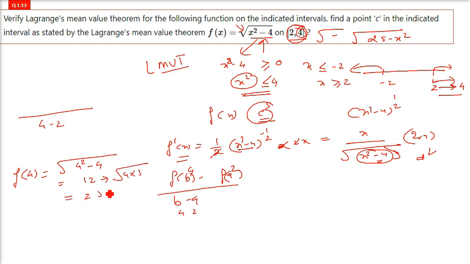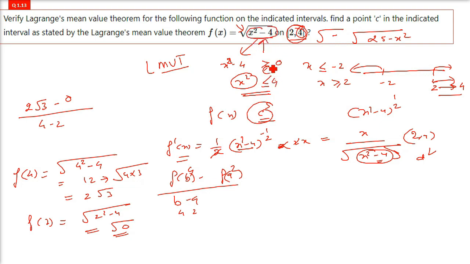I have placed 4 in the original equation, that is f(x) equals under root x square minus 4. That has to be understood well. Then we have f(2), just put x as 2, 2 square is 4, 4 minus 4 is 0, under root 0 is 0. You get a value 2 root 3 and under root 0, that is 0. So this is 2 root 3 minus 0 divided by 4 minus 2. You get 2 root 3 divided by 2. 2 gets cancelled, you get only root 3.